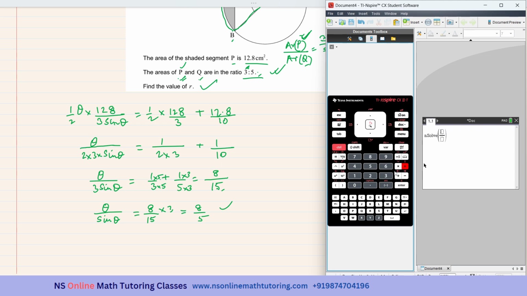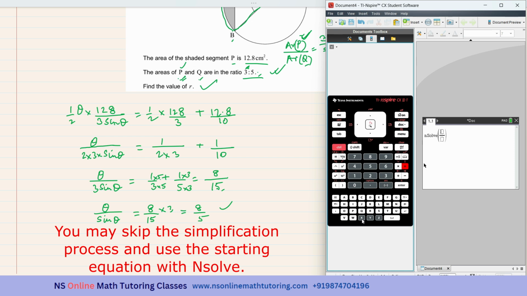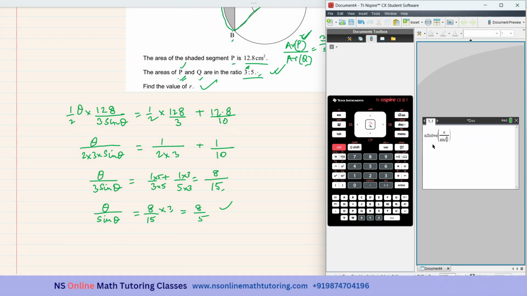Let me take x instead of theta, in radians: x over sine x equals 8 over 5, comma x.